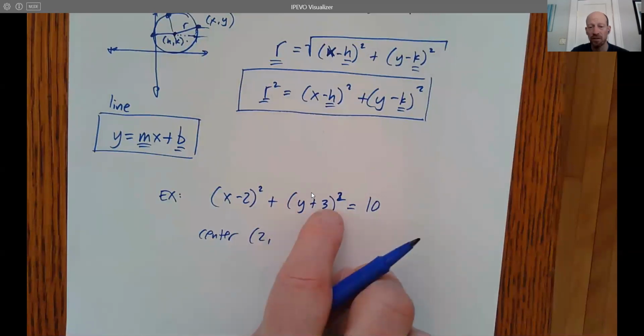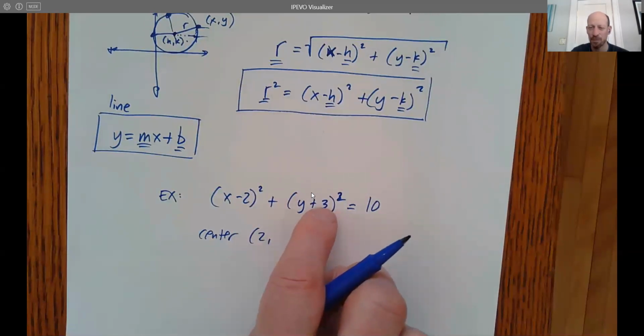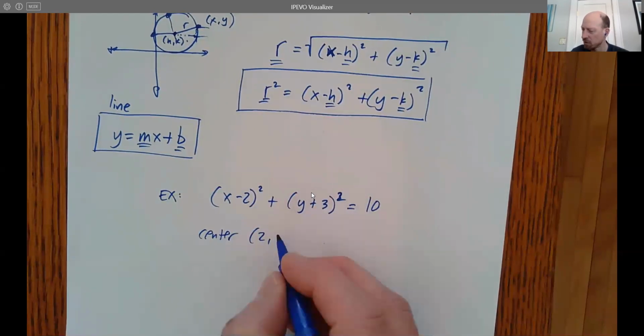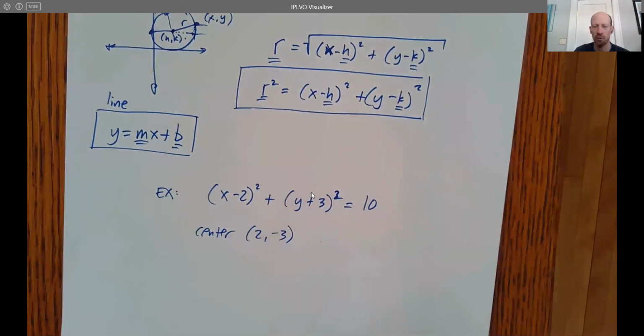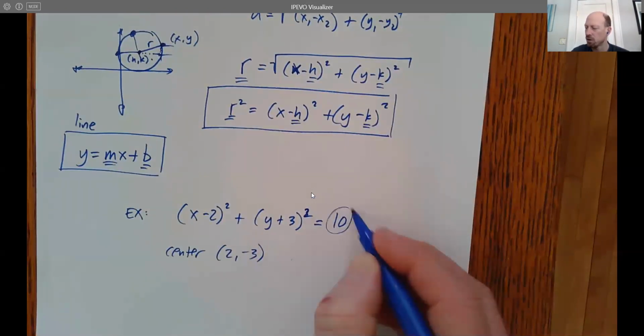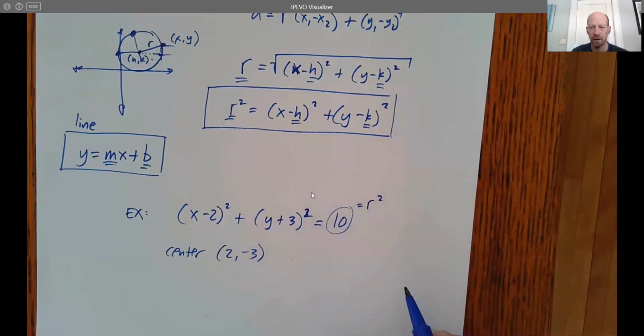For y plus 3, it's the opposite because it's plus, so the y coordinate of the center is minus 3. And this value here is r squared, so r must equal the square root of 10, just a little bit more than 3.